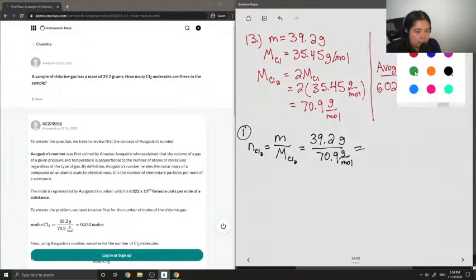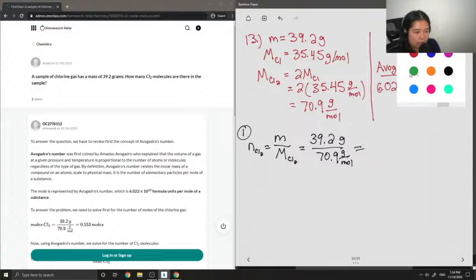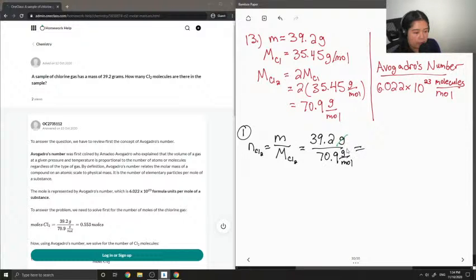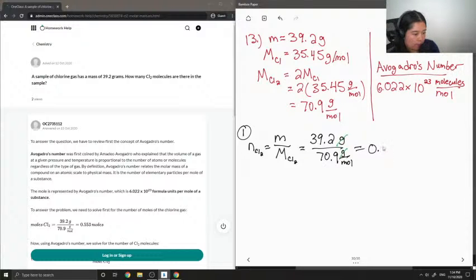If we divide these two values, you'll notice that our grams will cancel out, and we're left with a value in moles, which is 0.553 moles of chlorine.